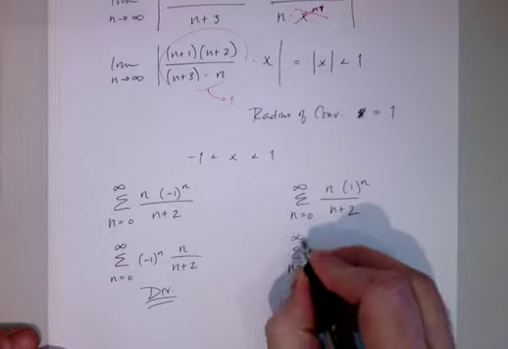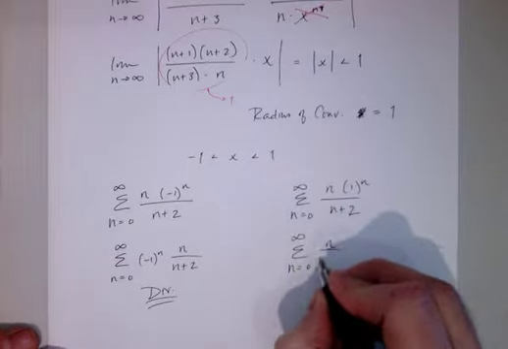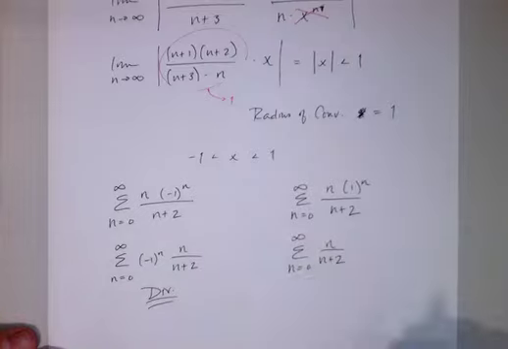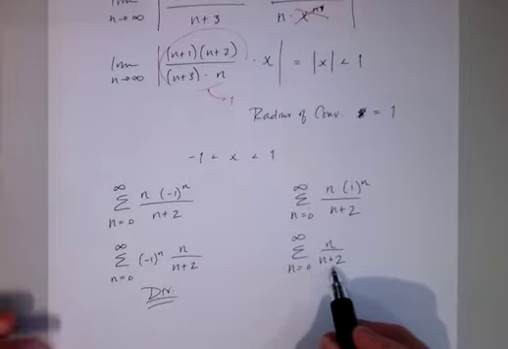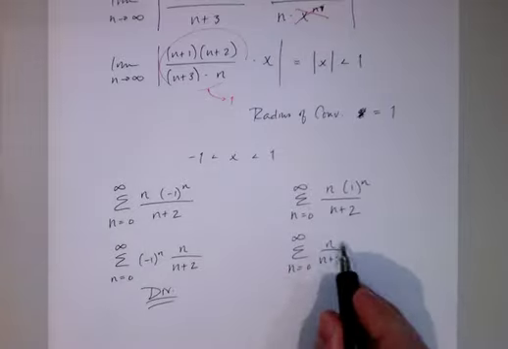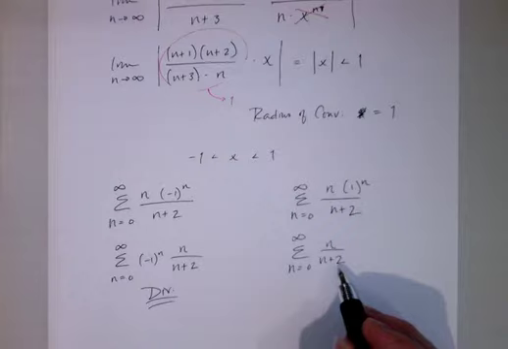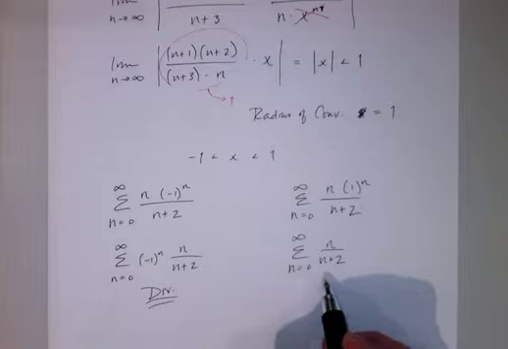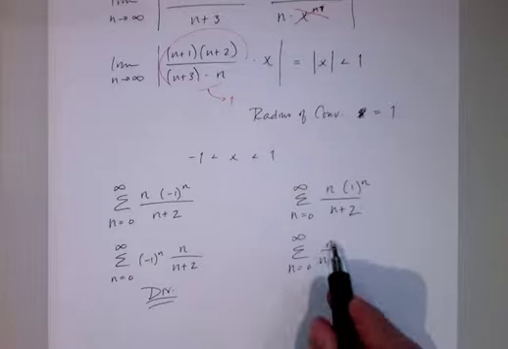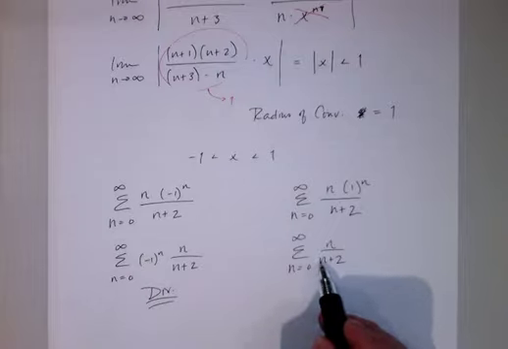And neither does this, okay? This, even without alternating, is not going to 0. Each successive term is not getting smaller and smaller. It's actually getting bigger and bigger, very, very modestly so. But you plug in 1, and we're going to get 1/3.